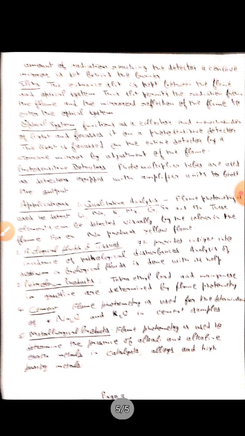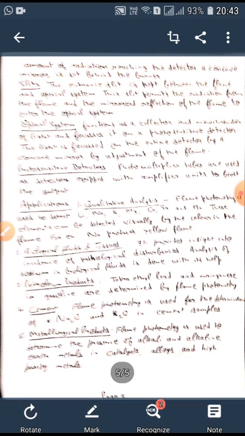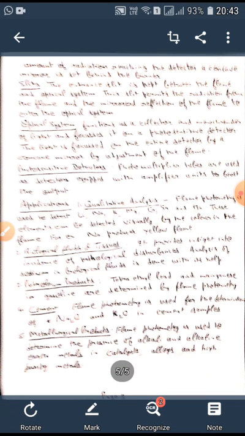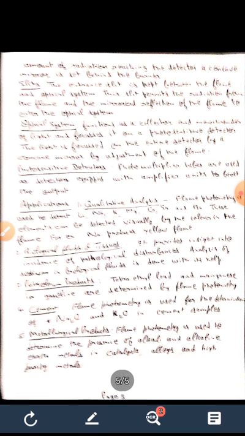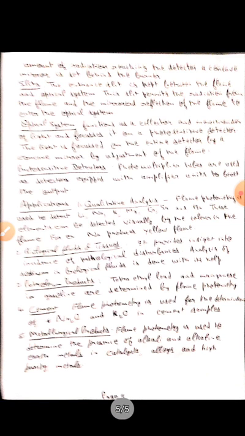This optical system functions both as a collector and monochromator. That is, it collects and provides monochromatic light and focuses it on the photosensitive detector. The light is focused on the entire detector with the help of a concave mirror by adjustment of the flame.